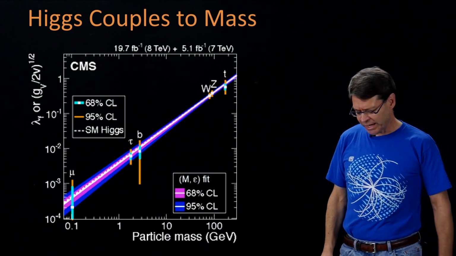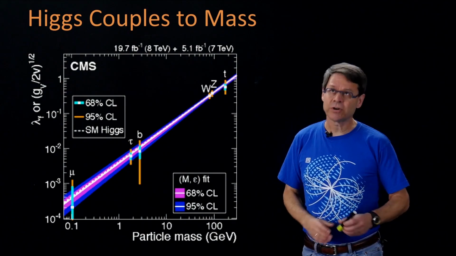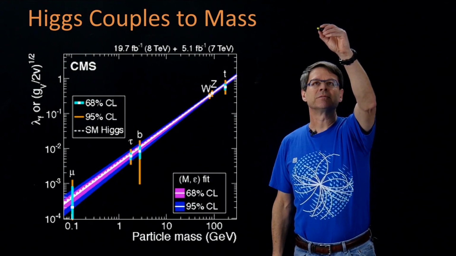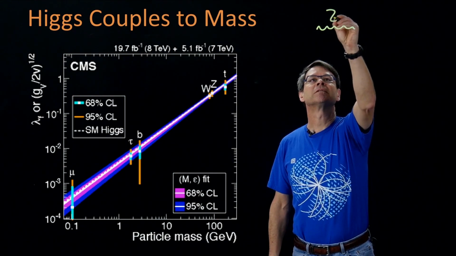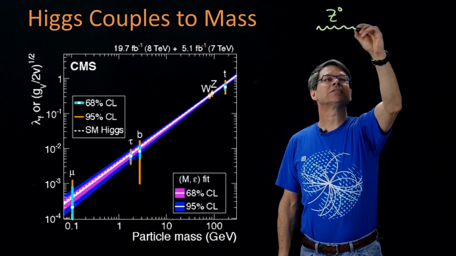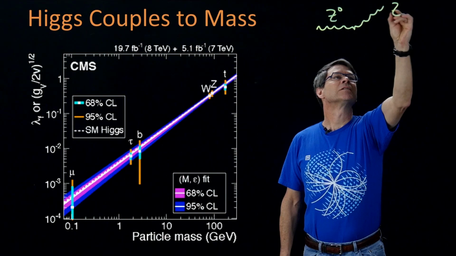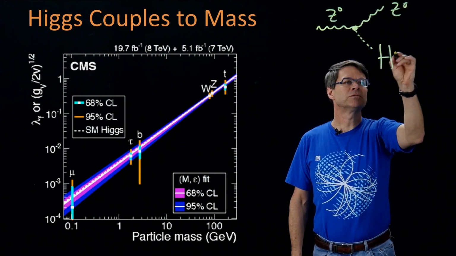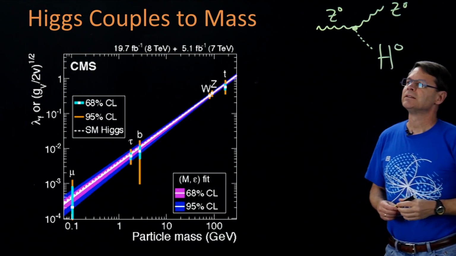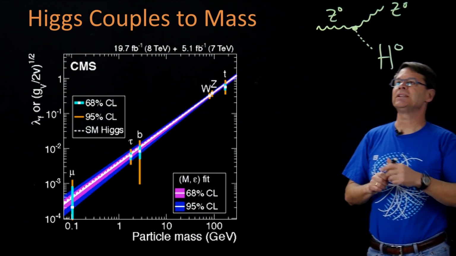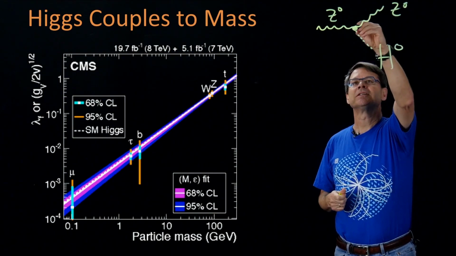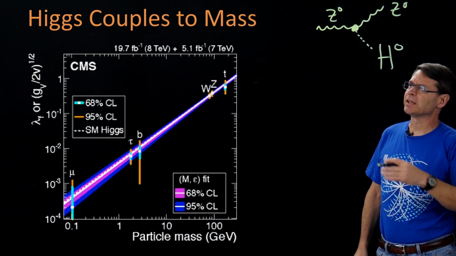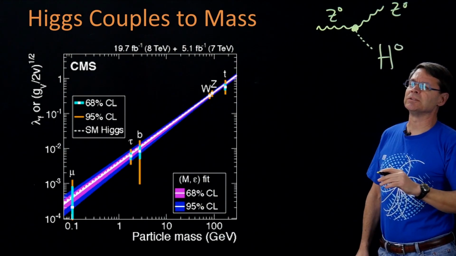So it's that interaction which, for example, I could draw, let's say, a Z boson coming out in space. And it might radiate here a Higgs boson, okay? And this coupling here at that vertex, that's what we're plotting, and that's the coupling that gives the mass to the Z boson.